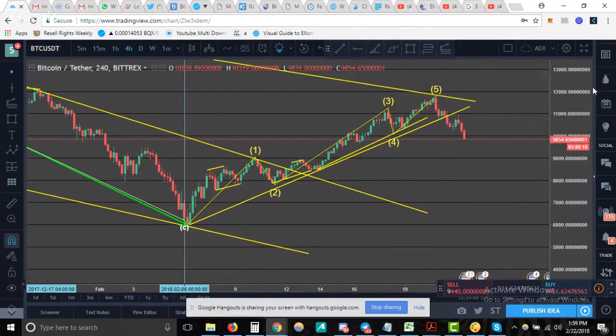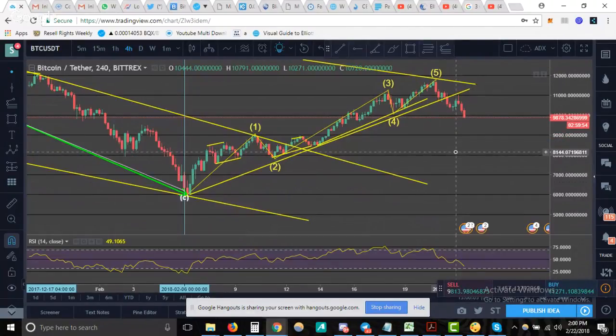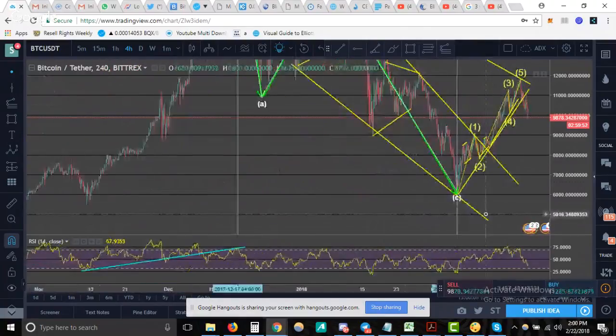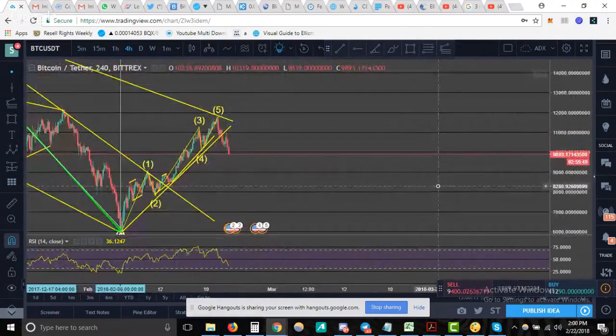So now the next thing we're going to check is whether there is a divergence between wave 3 and wave 5. I normally use RSI, though I can use any indicator. I think this is one of the best times to use an indicator. So let's compress this so we can see it clearly.